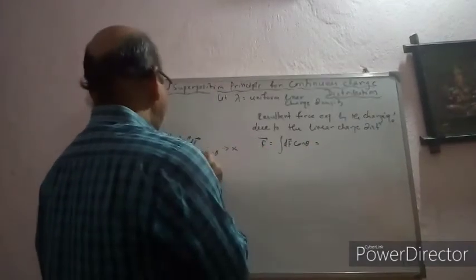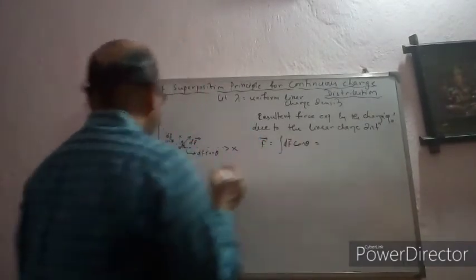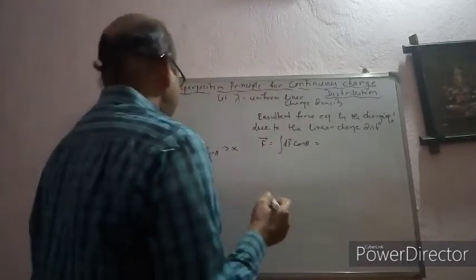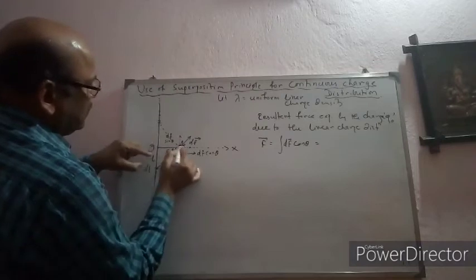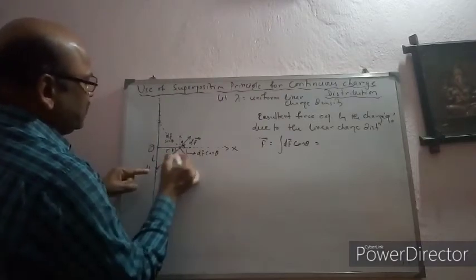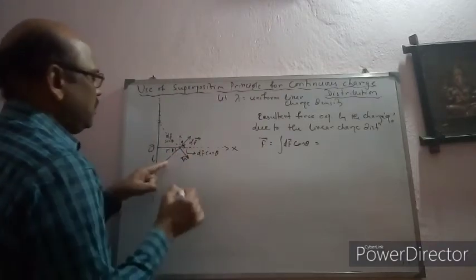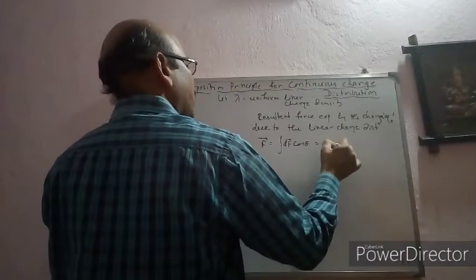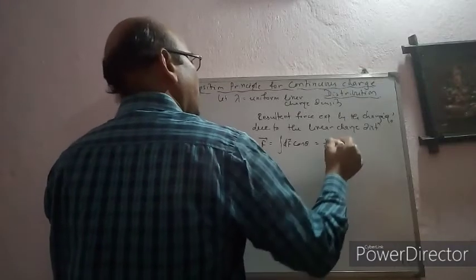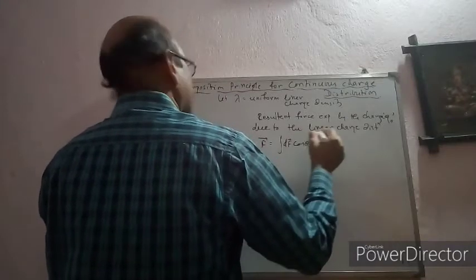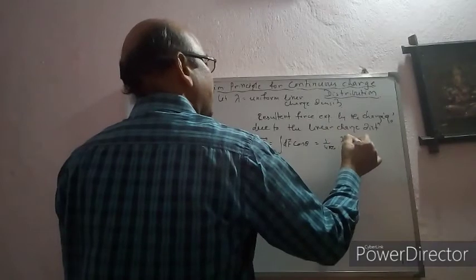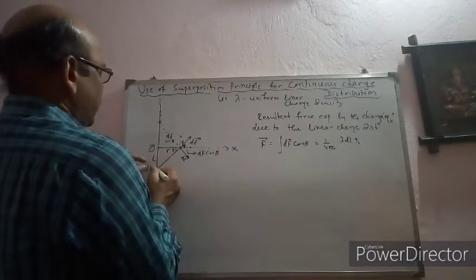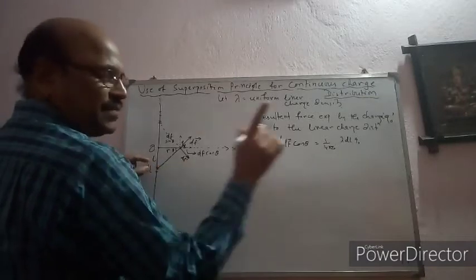So putting the value of dF, if the element is at a distance L along the charge distribution, this is L, this is R, therefore this distance is square root of L square plus R square. Therefore dF is equal to 1 by 4 pi epsilon naught lambda dl into Q naught over this distance squared. This elementary length contains lambda dl charge because lambda is charge per unit length.